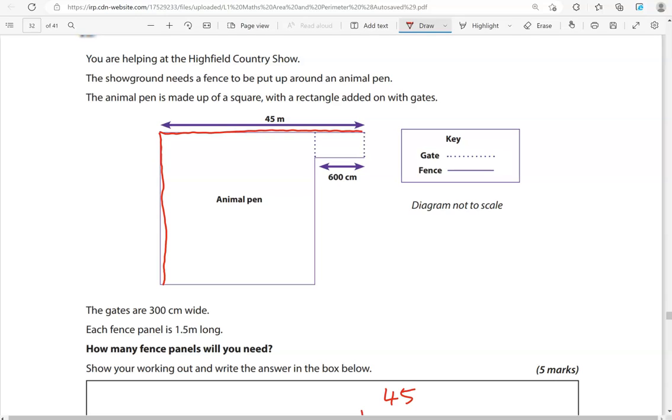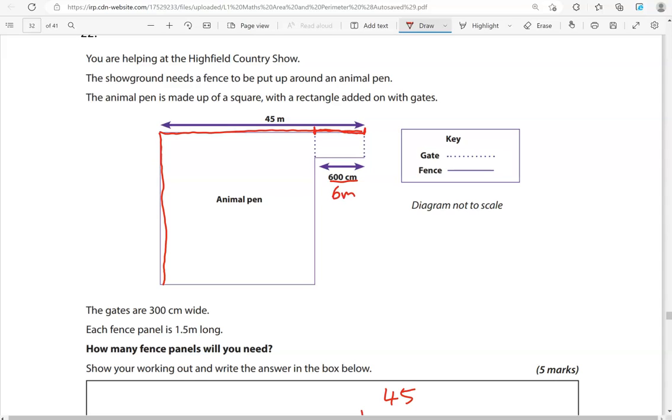What we know is that the animal pen is a square. So it's not going to be 45, but it's going to be 45 take away this length here, which is 600 centimeters. Now we know that in 1 meter there are 100 centimeters, so this is equal to 6 meters.